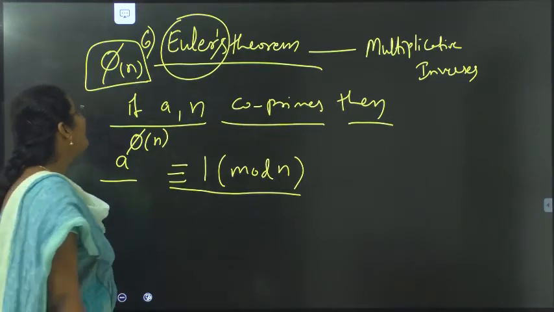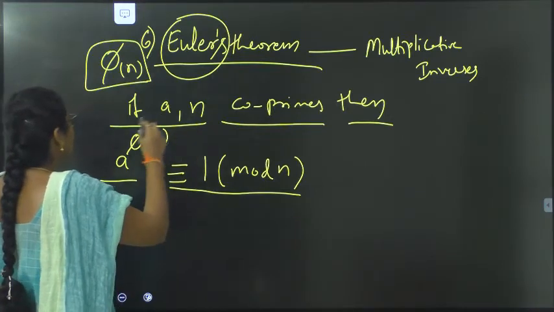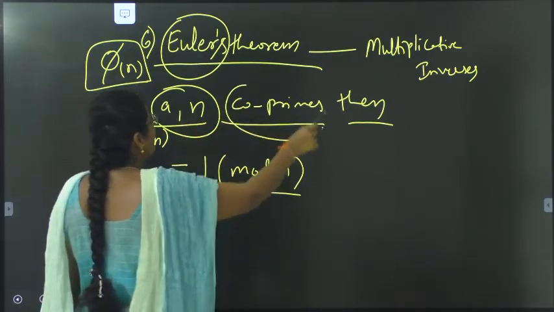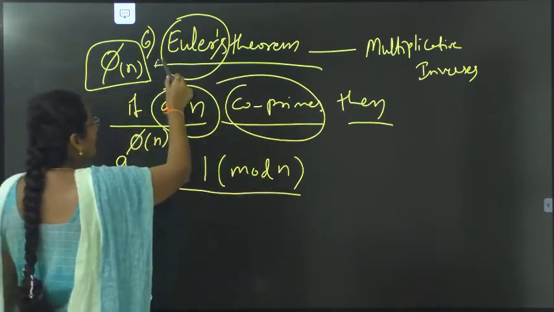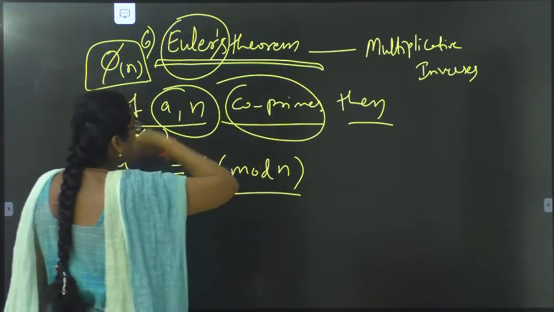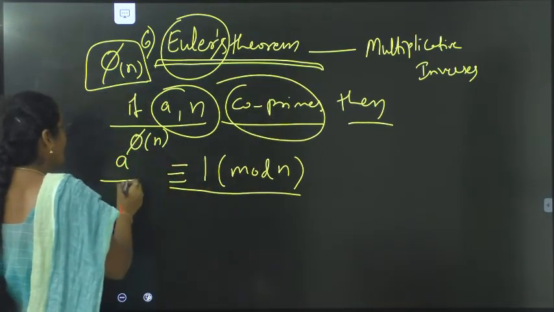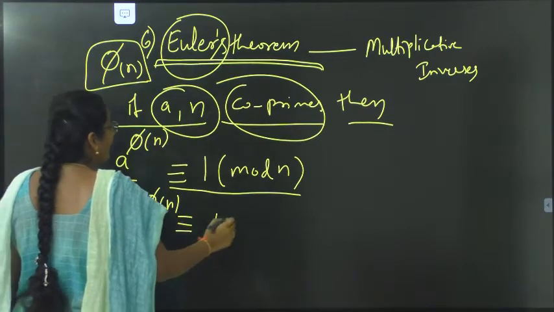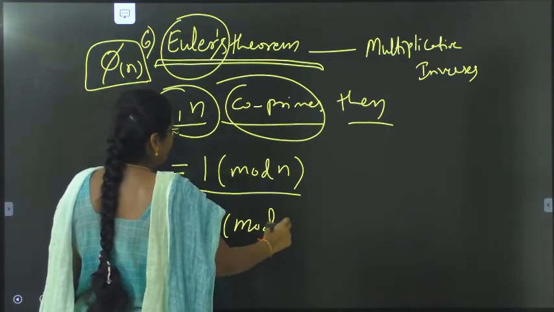Then finally Euler's theorem: we have two numbers a comma n which are co-primes, and this theorem is mainly used to find the multiplicative inverses. For that we have the statement a power phi of n congruent to 1 mod n.